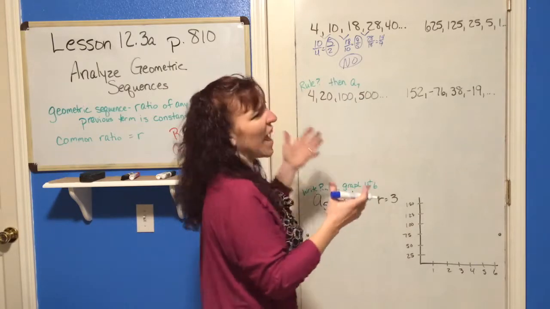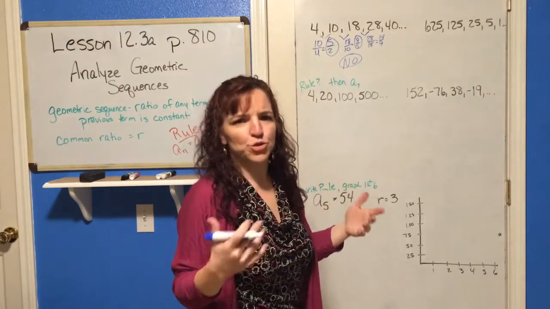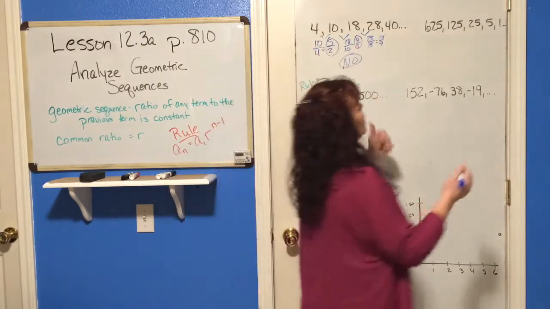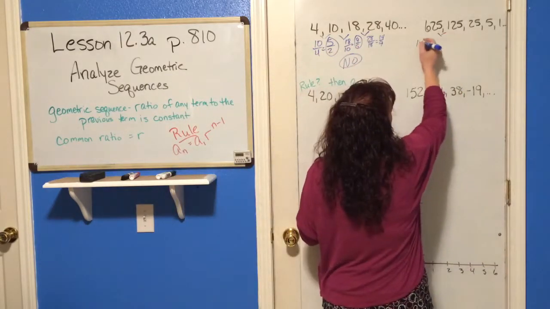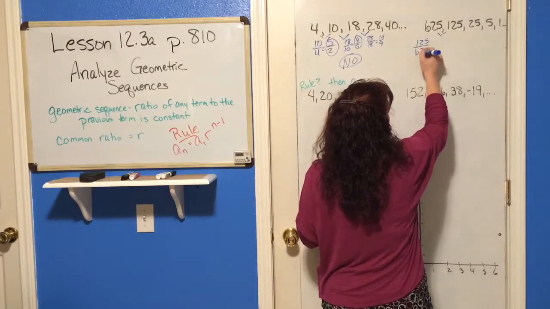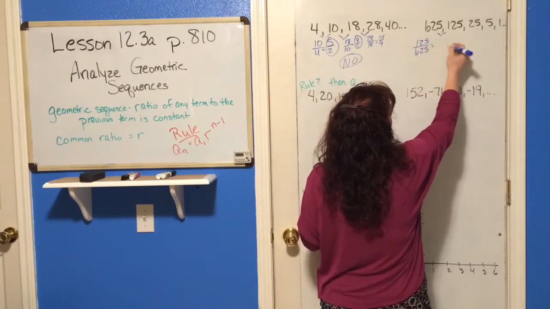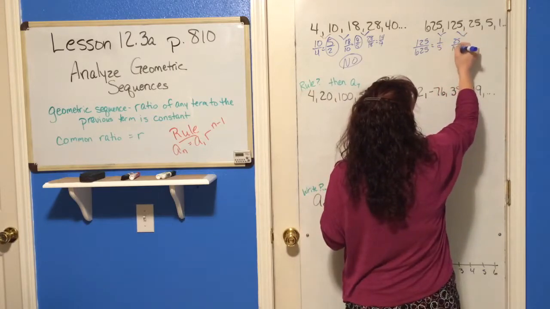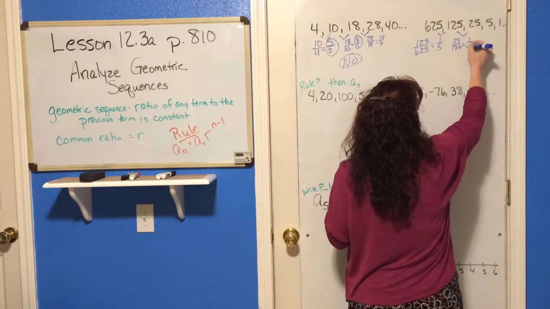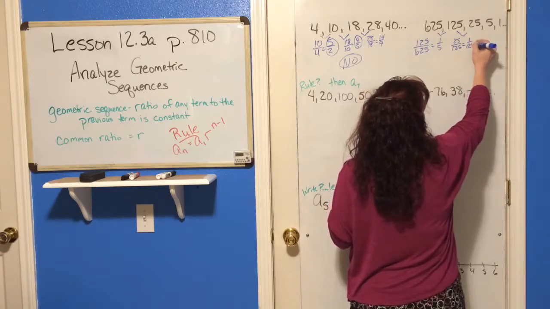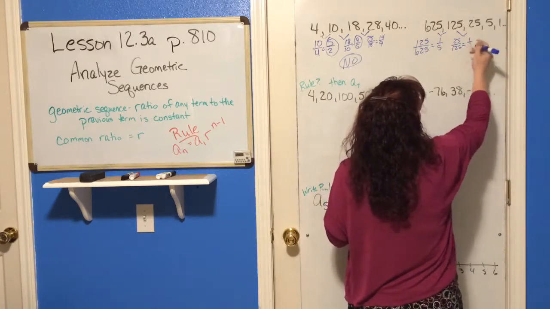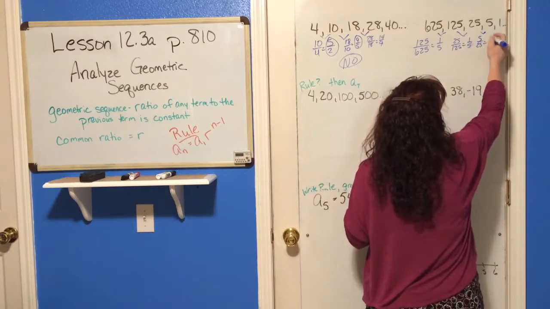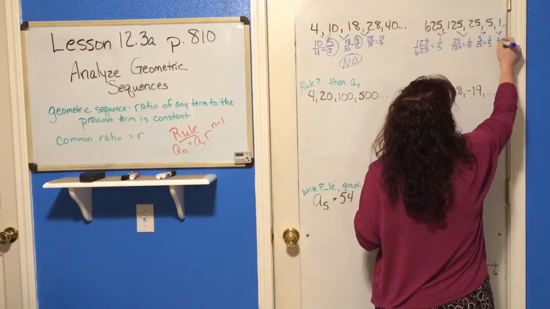All right, and so I think your problem asks to describe why, and the reason is just there's not a common ratio. All right, so let's look here. 125 over 625, reduce that down, and it's 1 over 5. So 25 over 125, 25 will go into 125 5 times, so it's 1 over 5. 5 over 25 equals 1 over 5 and 1/5.